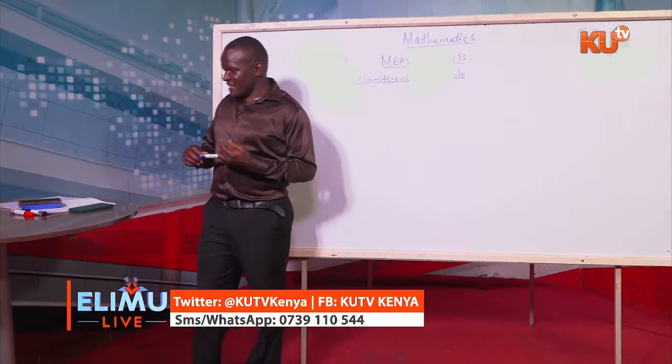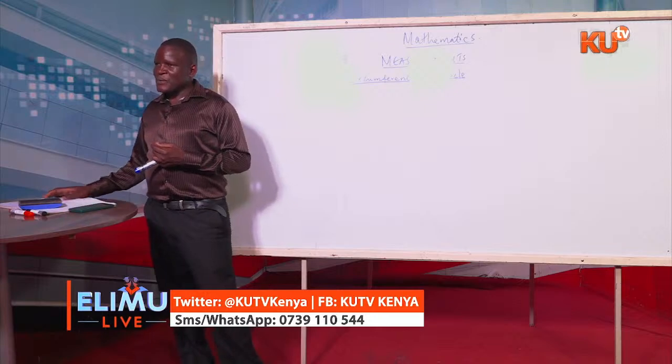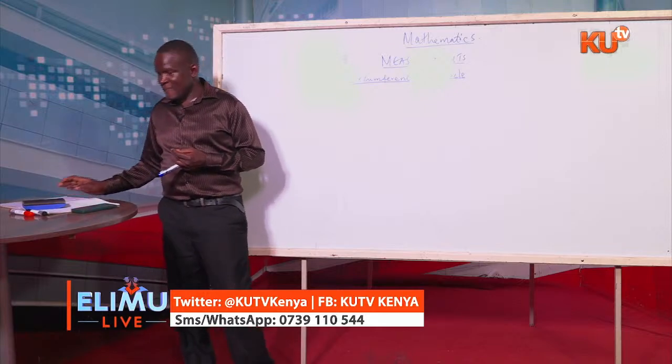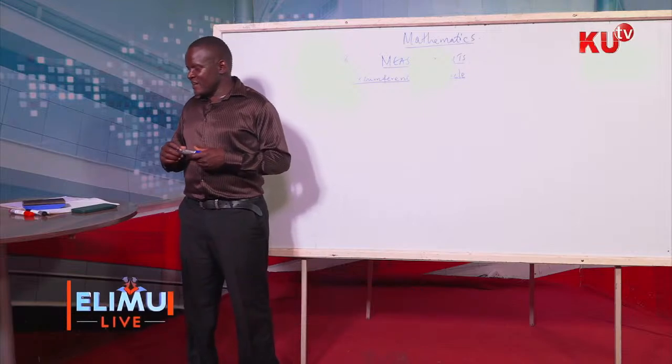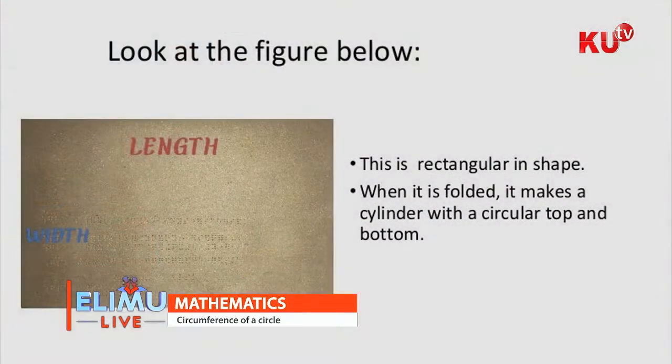If we move to the next slide, we have a figure of a rectangle. The figure is rectangular in shape. On our slide, we have the length of the rectangle, and we also have the width of the rectangle.